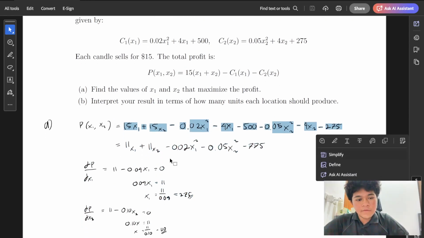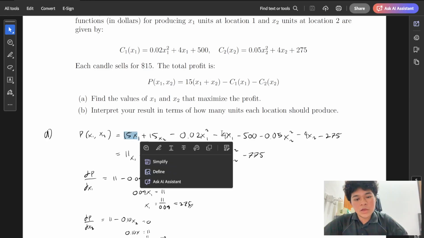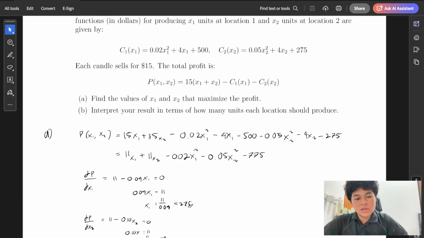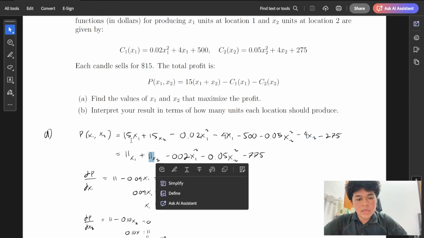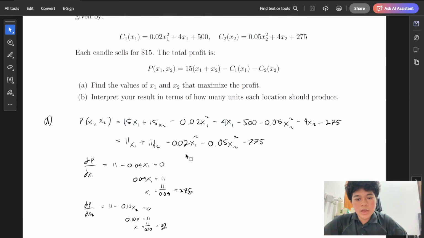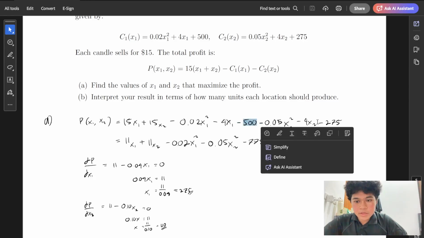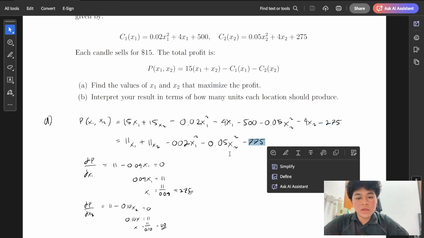After that we combine the terms with the same variable: this with this gives 11, this with this gives 11, and also this with this, so it will be minus 775.